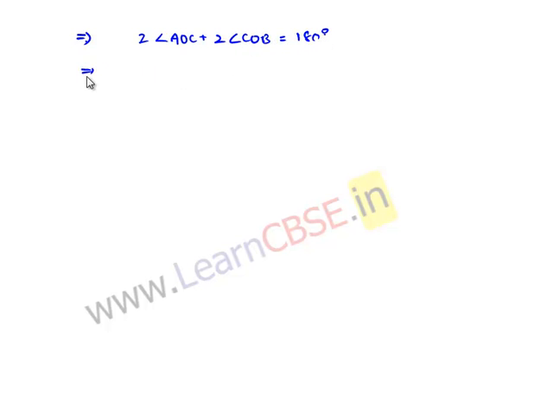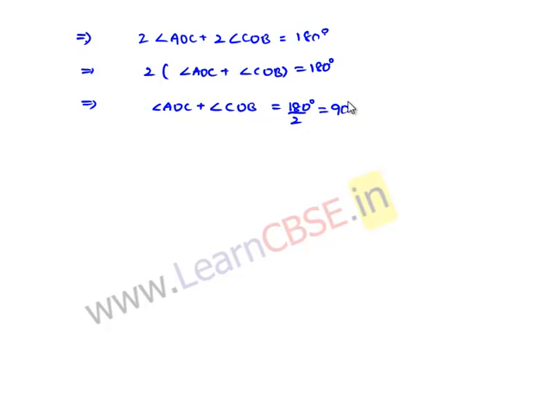Let us take 2 common here. Then we get 2 times angle AOC plus angle COB is equal to 180 degrees. That implies angle AOC plus angle COB is equal to 180 by 2, which is nothing but 90 degrees. Finally we got that angle AOC plus angle COB is equal to 90 degrees.